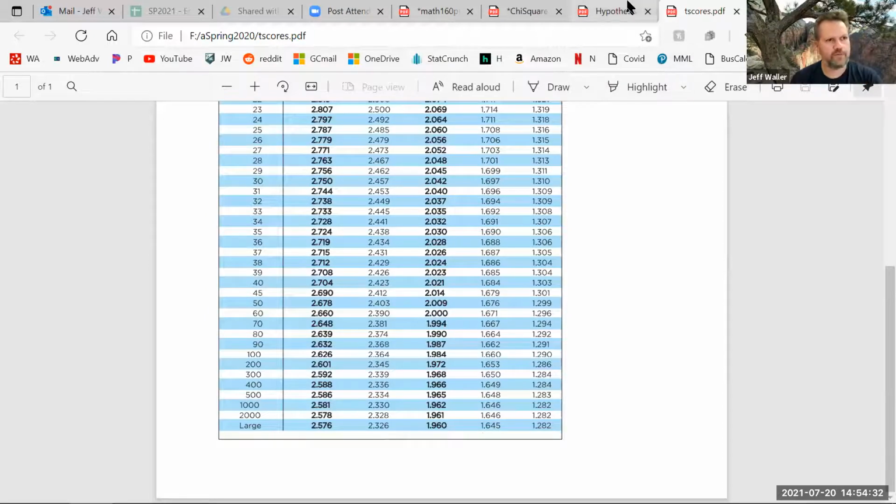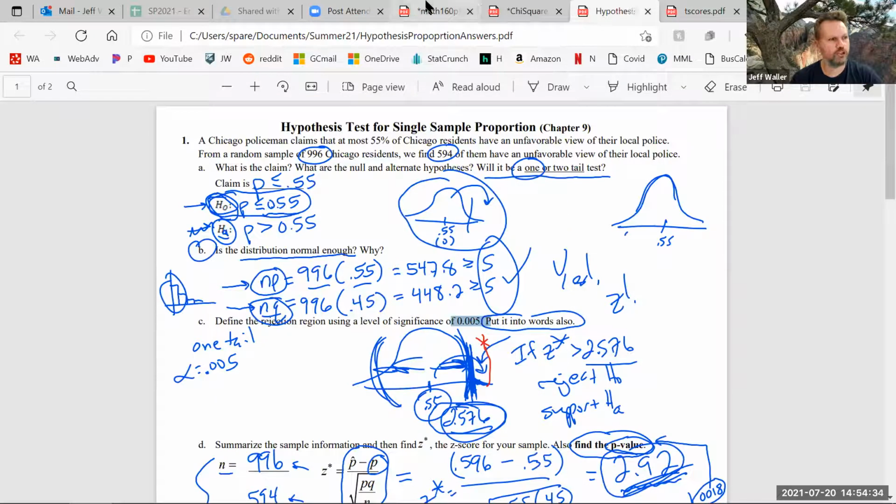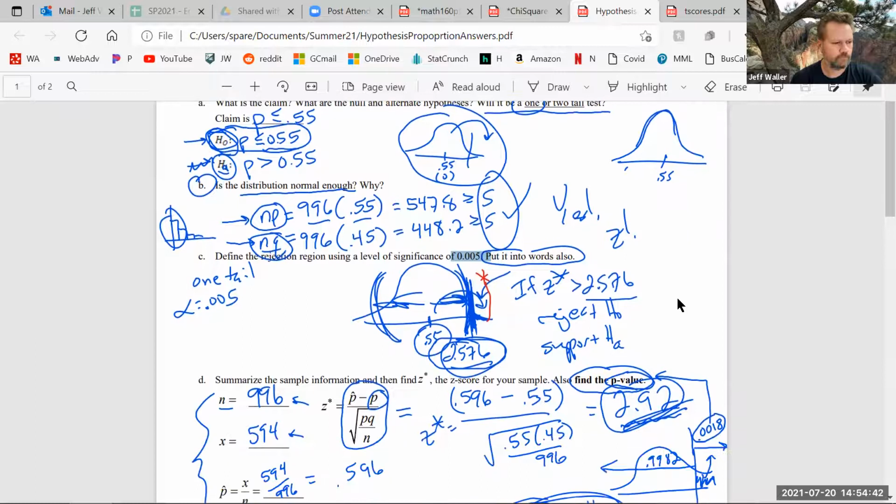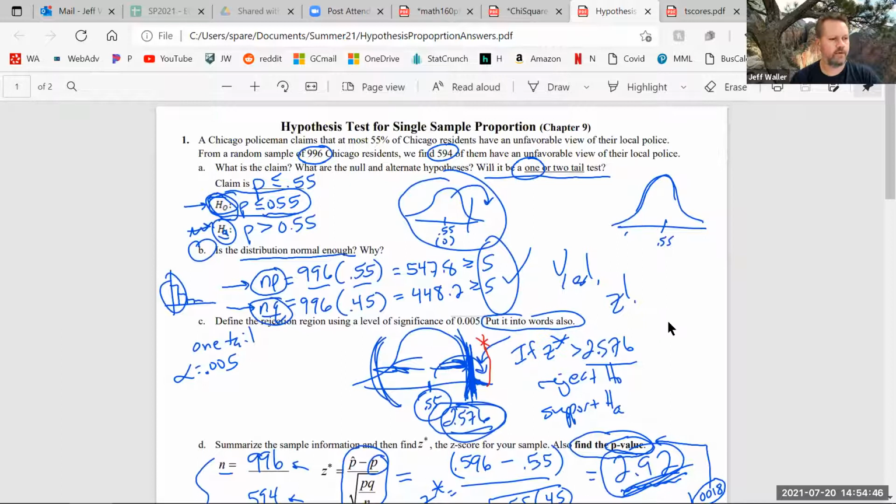So then we just assume alpha, if it's not given, is 0.05, correct? Well, not given is 0.05. This one was given as 0.005. Yeah, I'm just saying in general, for a different problem. Okay, good. Thank you. Samantha.